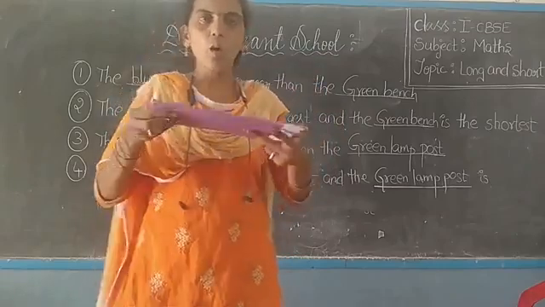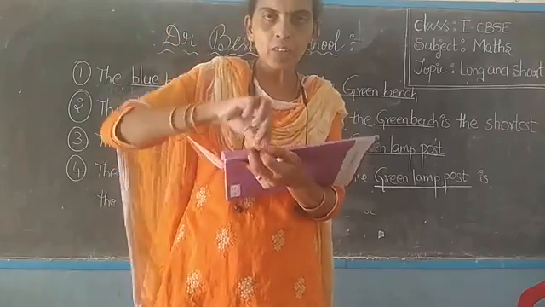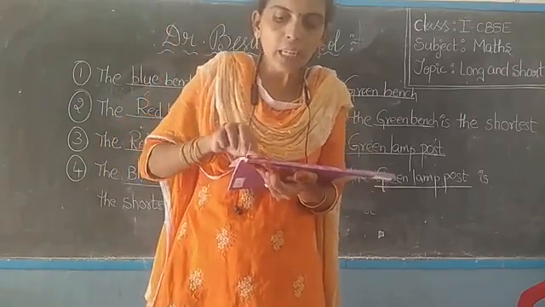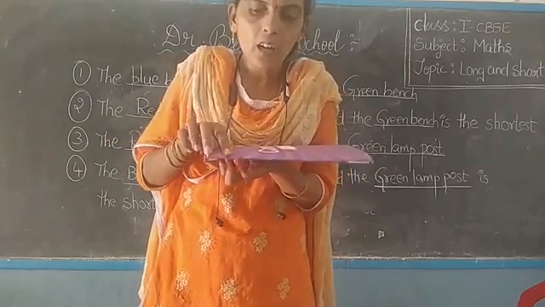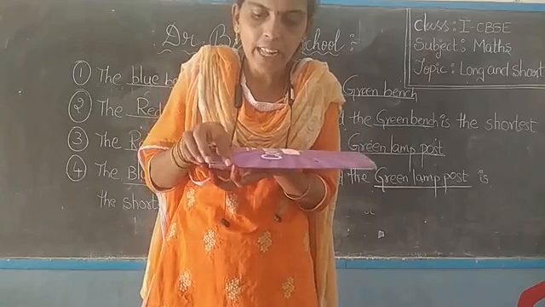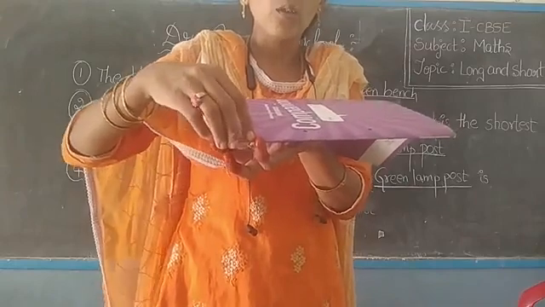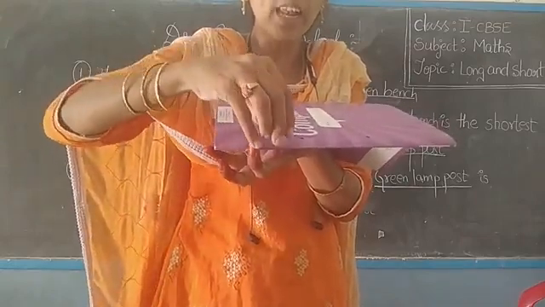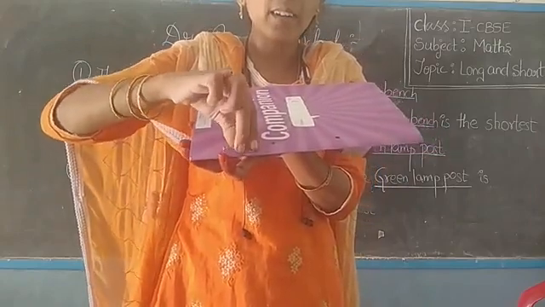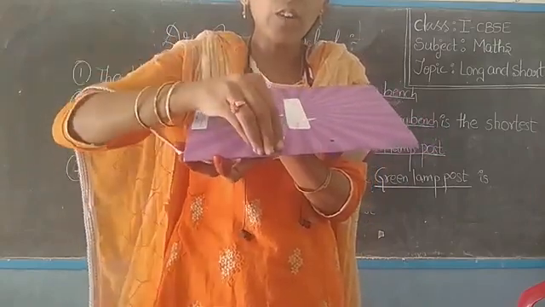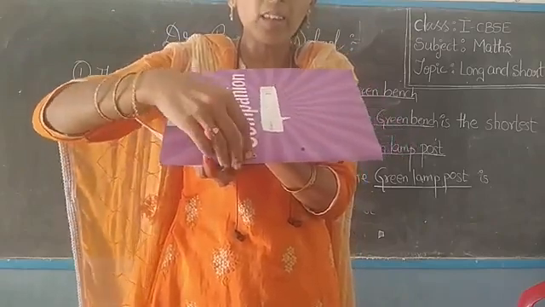First of all, hold the book like this and keep the starting point of the safety pin near the starting point of this book. Observe here, it occupied one length. Again from there, measure the length: 2, and after that 3. Three lengths it occupies.